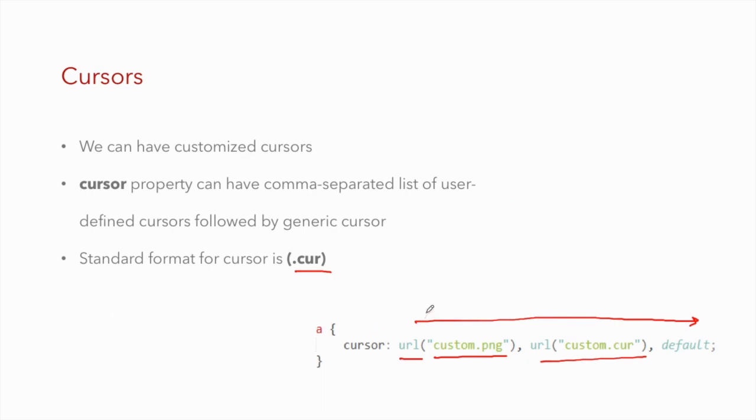So the precedence will be for the first value that is given. In case it is not there, the rendering engine will pick up the second, and even if that is not available, the third, or the default behavior that the rendering engine usually has will be used. So this one is your user defined cursor, and then the generic cursor will follow in this direction.